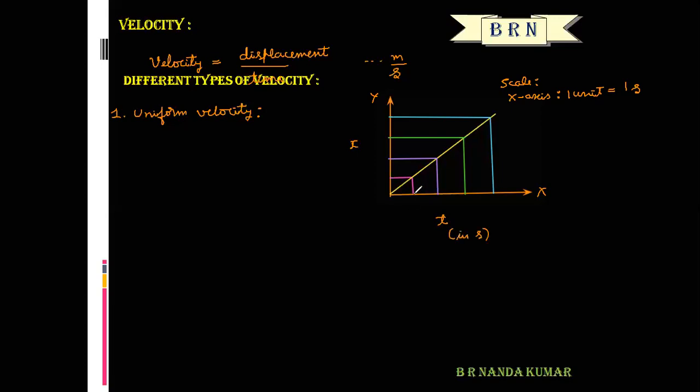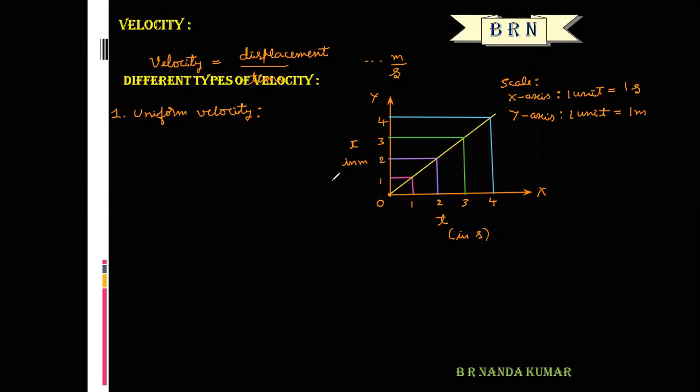This is the origin, 0. Then 1, 2, 3, 4, and so on. And on the y-axis, let us consider 1 unit as equal to 1 meter. So 1 unit is 1 meter, 2 units 2 meters, 3 units 3 meters, 4 units 4 meters. So this is measured in terms of meter.